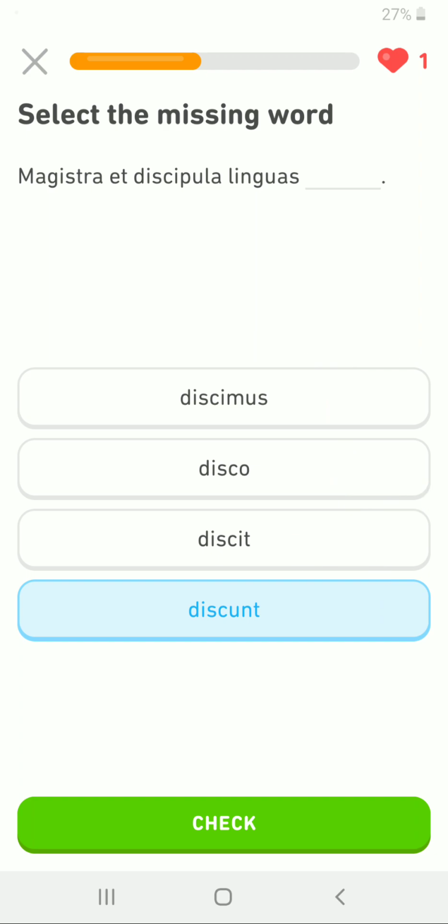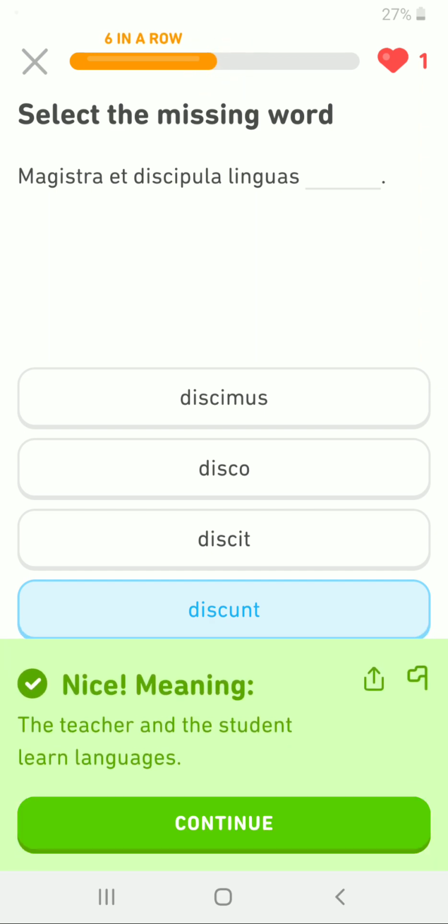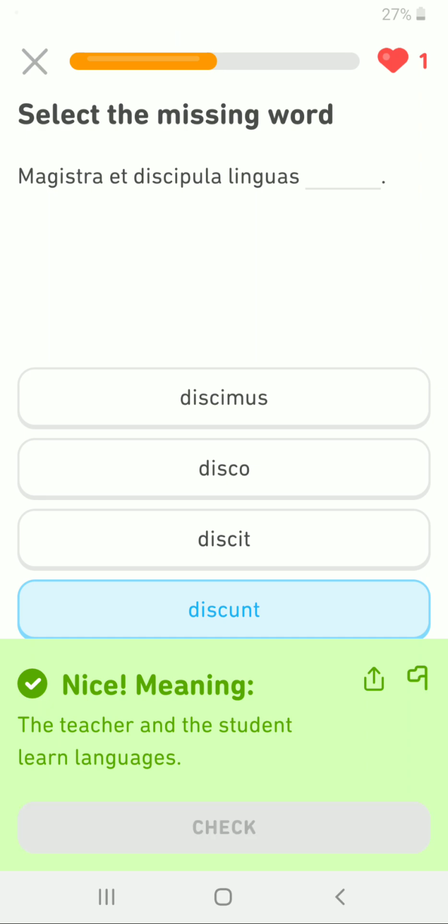We see the verb, well, not the subject here, linguas, and lingua becomes linguas in accusative, it seems, and not linguae. So they learn languages. Is it because it's feminine plural in accusative? It is possible.